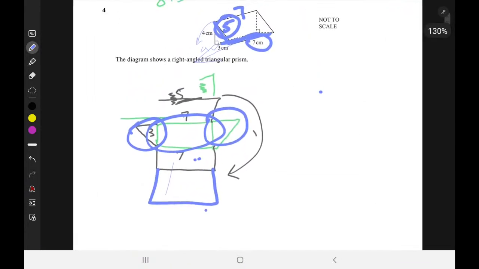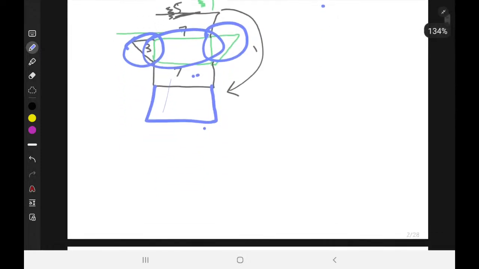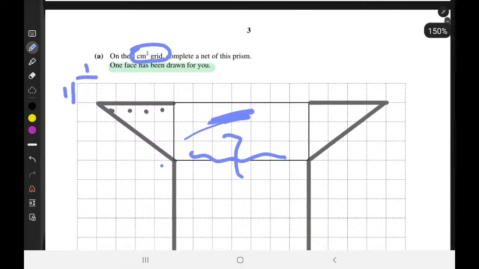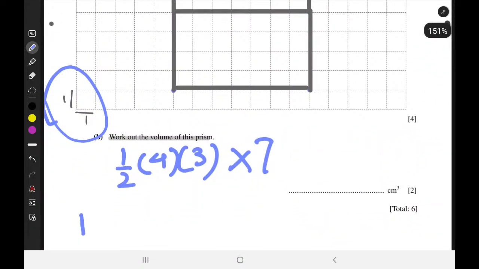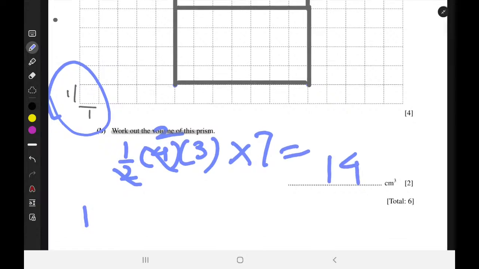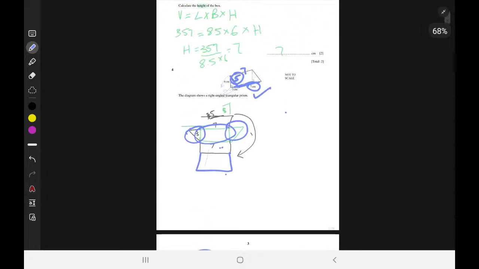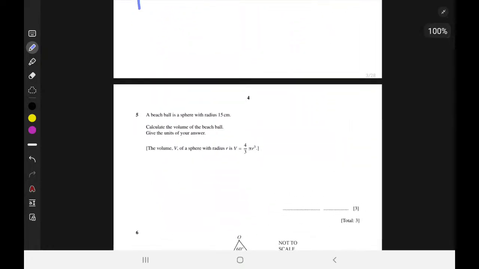The height over here in this case is 7. So let me come back down over here, multiply by 7. So after some cutting, we found out that it is 14 centimeter cube. So is everything in centimeter? Yes. So yeah, that's our answer.